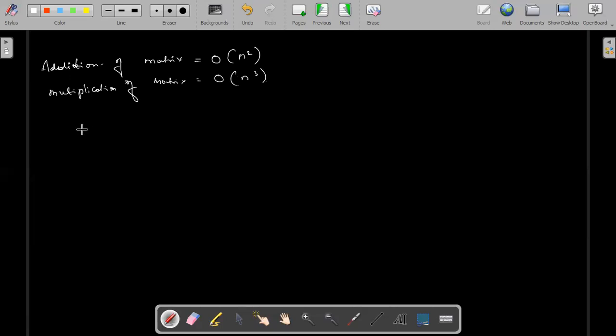Why? Because we have to use three for loops. That's why I told you very clearly what time complexity is: it's all about loops. So we are going to use the three for loops. That is the formula you have to follow.